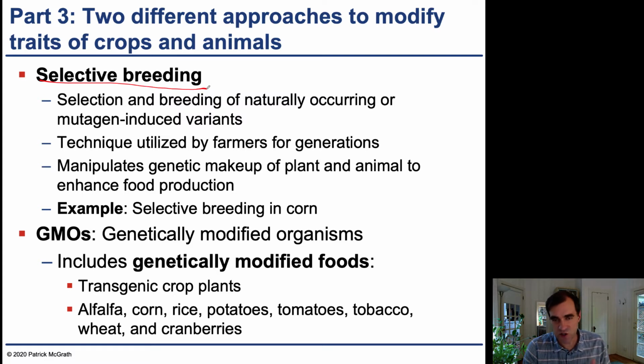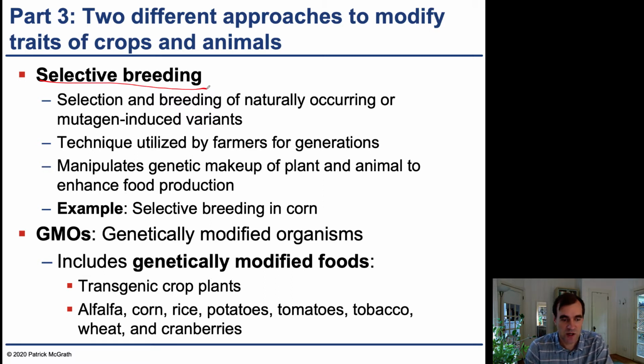It produces much slower, and the calorie content is much lower. So there are all sorts of things about the selective process that allow us to really improve the generation of crops, and this is a technique that has been used by farmers for generations and generations.